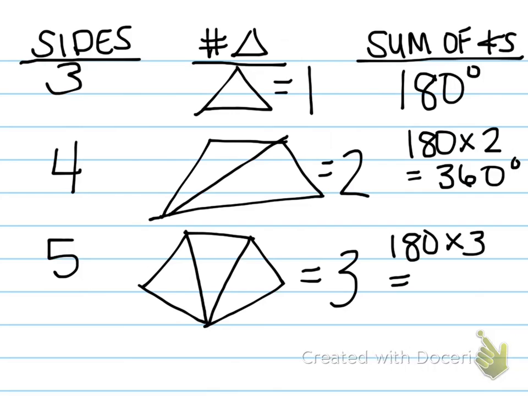And what is 180 times 3? Figure that out. 540. So if we wanted to come up with a pentagon sum theorem, we would say that it has 540 degrees. But this is why we can come up with all of those measures.